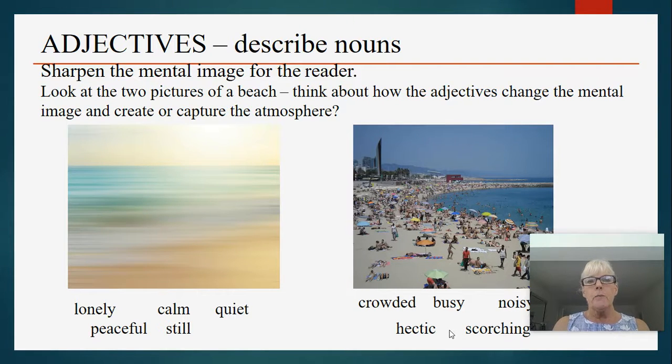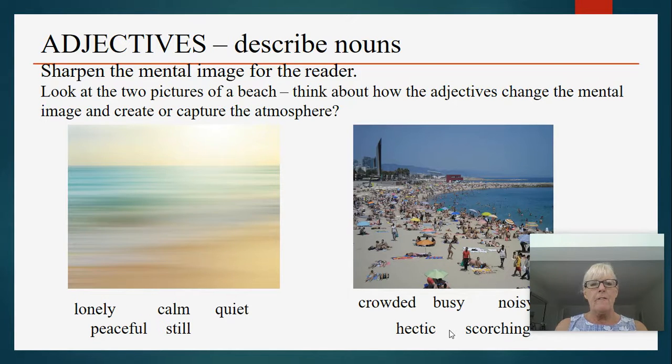If we look at the two pictures of the beach, totally different. Think about how the adjectives change the mental image and create or capture an atmosphere. If we look at the first collection of words, we've got things like lonely, calm, quiet, peaceful, and still.